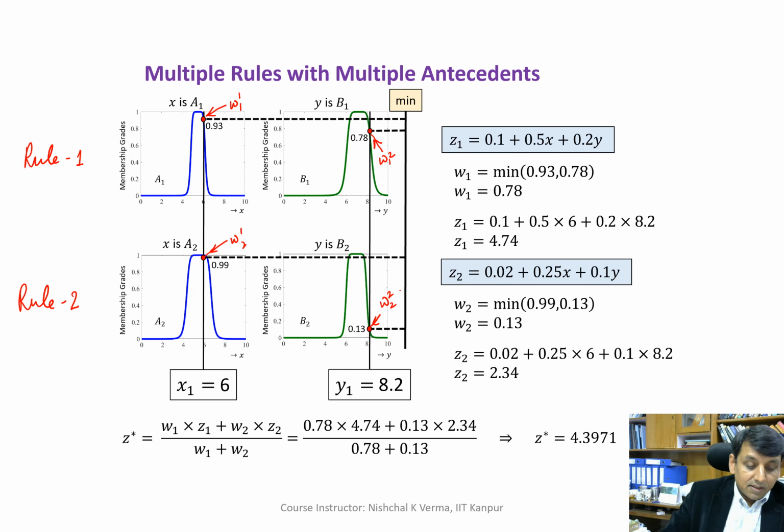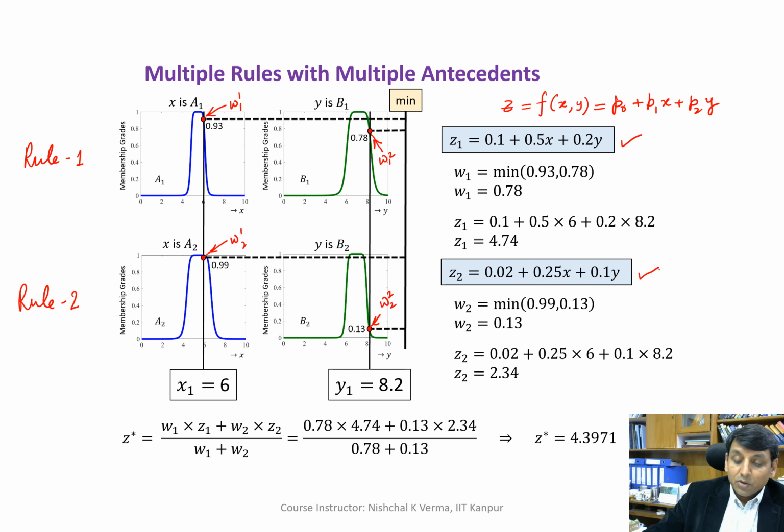Now let us use rule number 1 output here. So let me first write that the output is of the form x, y, and then we have P0 plus P1 x plus P2 y. And since Z1 is given for the first rule, Z2 is given for the second rule.